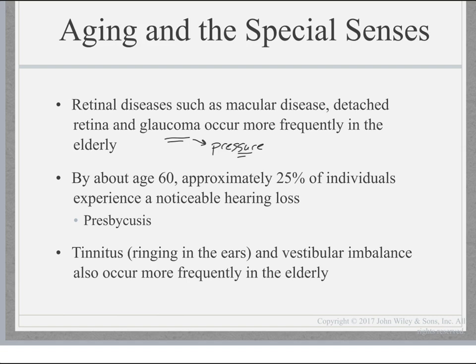By about the age of 60, approximately 25% of individuals experience a noticeable hearing loss, presbycusis, and sometimes we get an increase in ringing in the ears, which is known as tinnitus. Tinnitus, ringing in the ears, can also cause vestibular imbalance, which also occurs more frequently in the elderly, and we can call this vertigo.